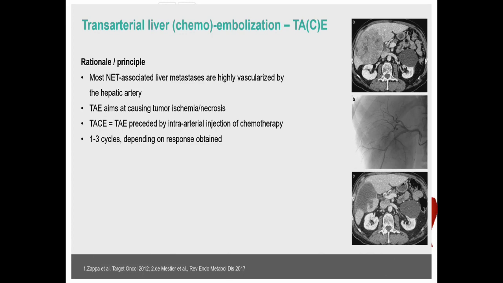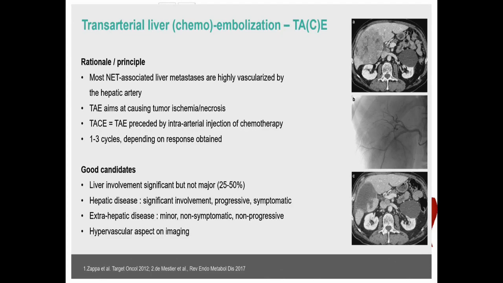This can also be accompanied by intra-arterial chemoembolization, while we do not have a clear demonstration that there is an additive effect. This should be performed by experienced radiologists. I think you have experience of that, especially in other types of diseases such as HCC, which is much more frequent. One to 3 cycles, depending on response.